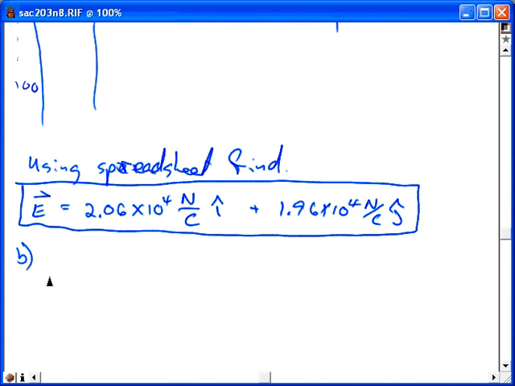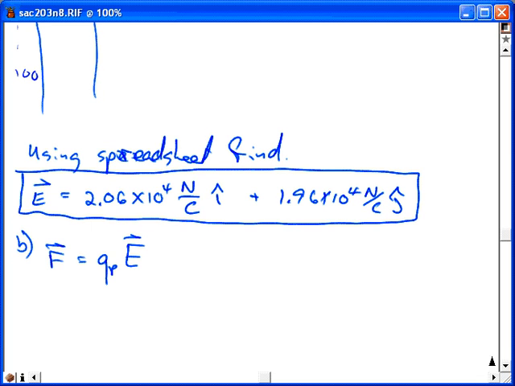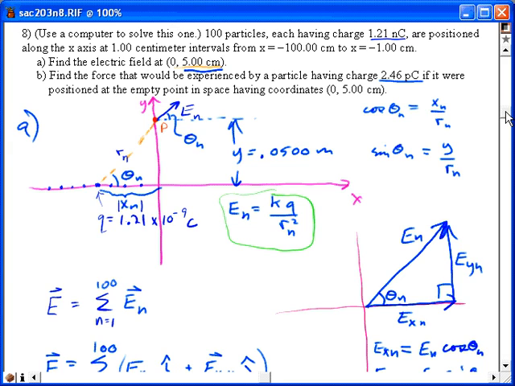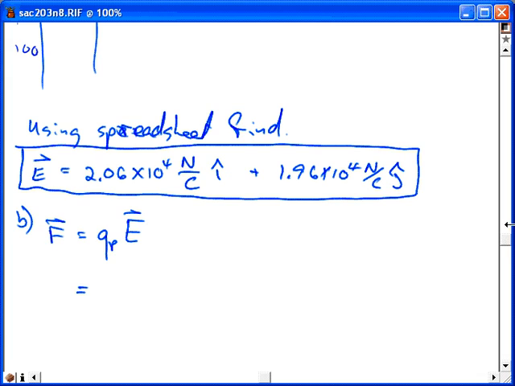So for part B, I can just say F is equal to Q of that particular point times E total, which is, and no, I don't remember it, something times 10 to the minus 12, 2.46. Because pico means times 10 to the minus 12, and it was given as 2.46 picocoulombs.